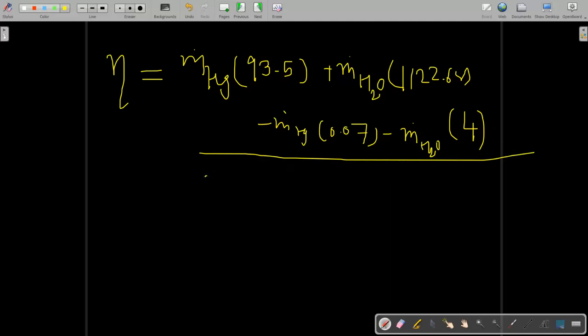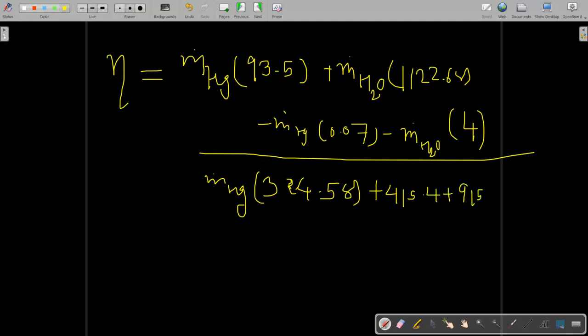The heat supplied is mass flow rate of mercury into 324.58, and the additional heat, sensible heat supplied to the water, is 415.4 plus 915.9. And this is mass of water, we have to multiply it also.